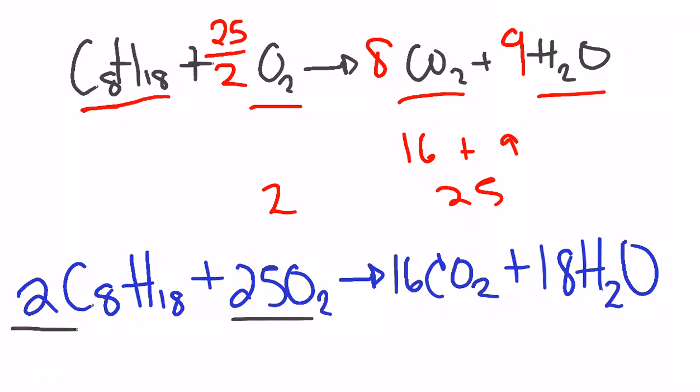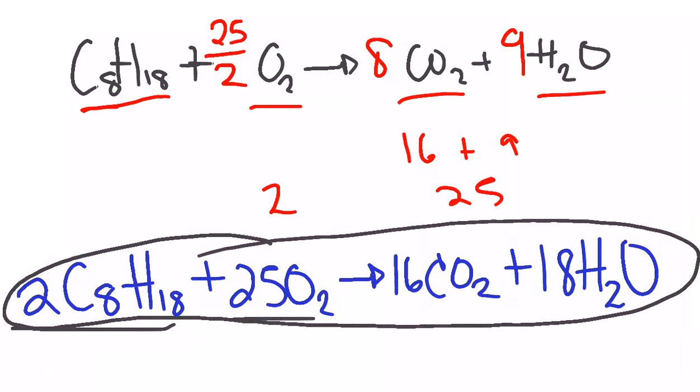So if we had 2 moles of octane and 25 moles of oxygen, there's nothing that these two numbers, 25 and 2, share that could make them be reduced any further. So this is the correct balanced equation for this particular reaction.